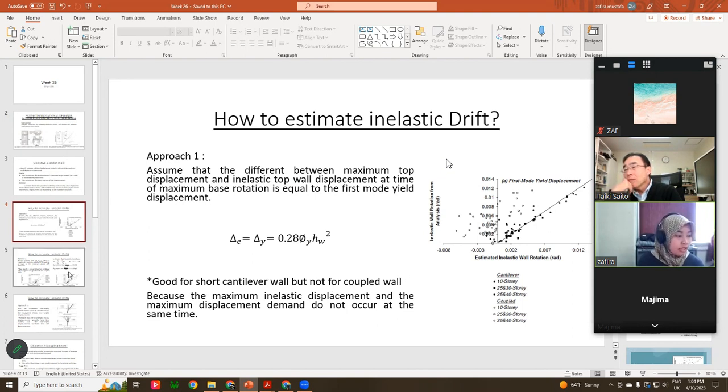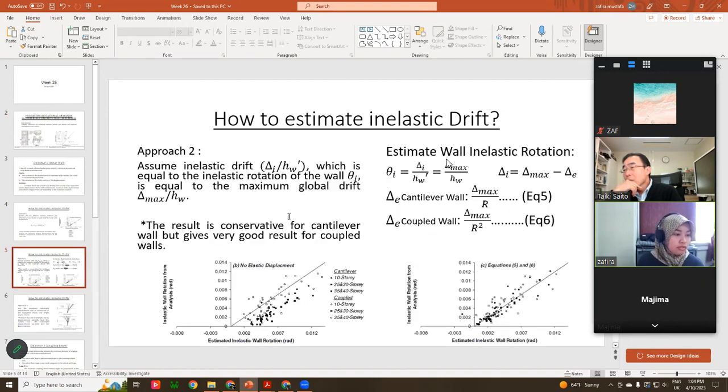And then the second approach is to assume the elastic drift, the elastic displacement divided by the height after the plastic hinge, which is equal to the inelastic rotation of the wall, is equal to the maximum global drift, delta max over delta W, the total height of the wall.